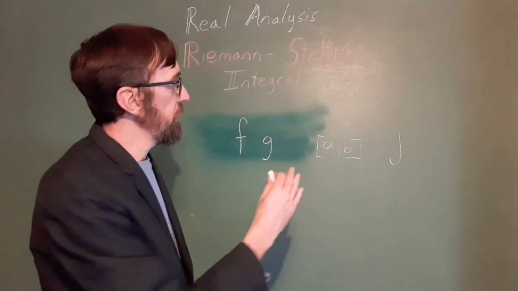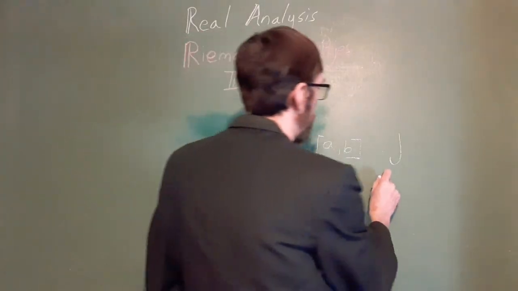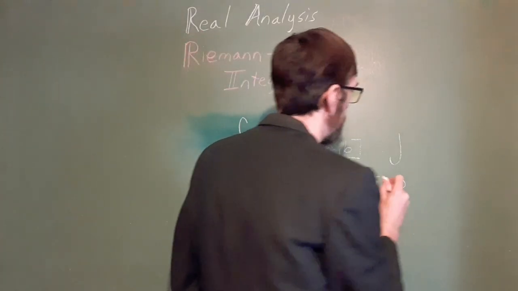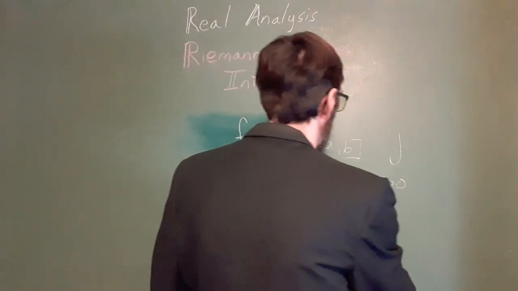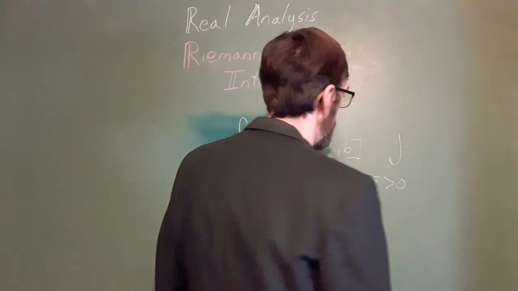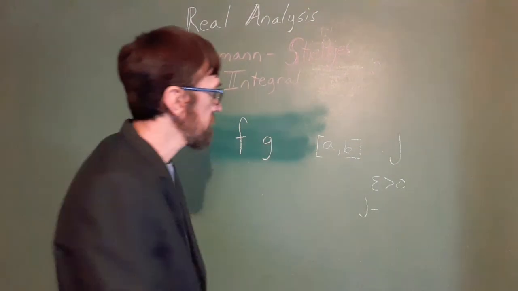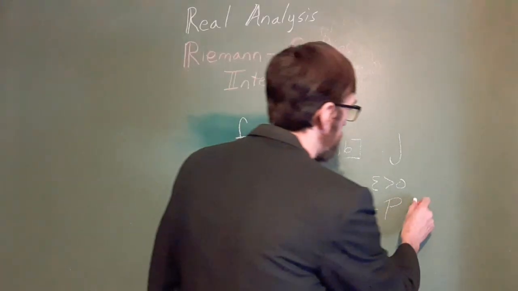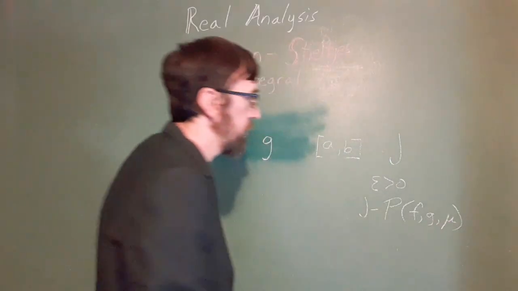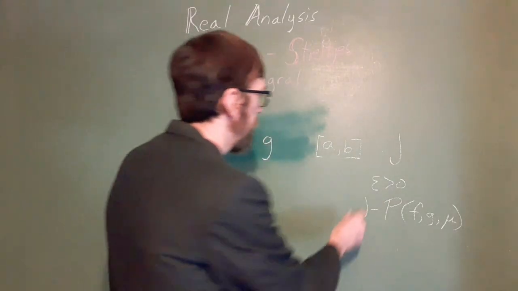We have to have that J is a number such that for epsilon greater than 0, J minus the sum over a partition with the functions and a measurement here.